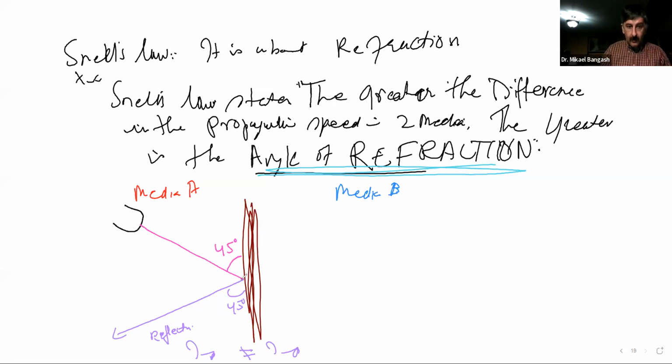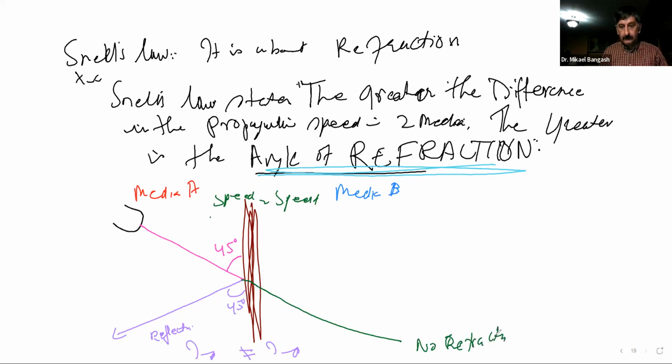But had we had even speeds, where the speed in this medium was equal to the speed in this medium here, that's where we say there's going to be no refraction.